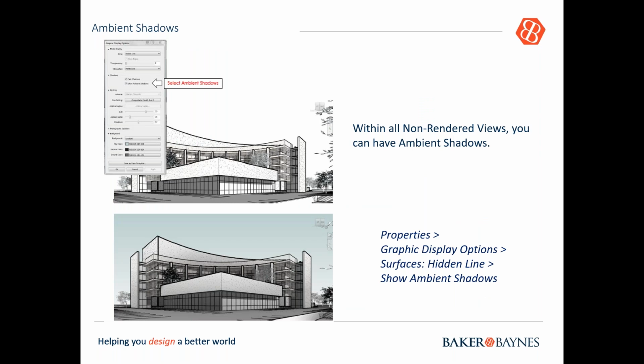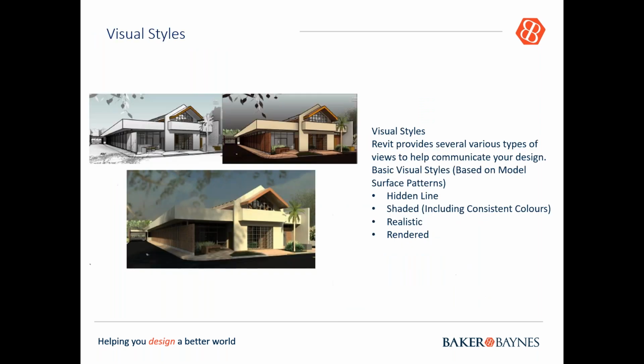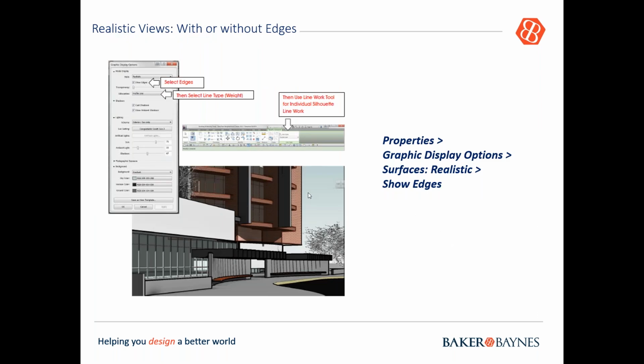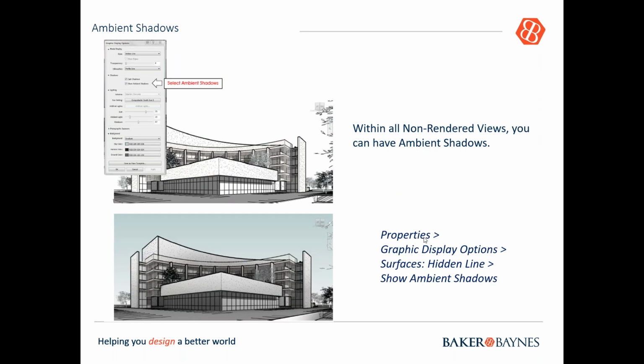So we looked at visual styles: hidden, shaded, realistic, rendered. We've also looked at changing your fill patterns just so that something stands out a bit more, and you can actually just change the color fill pattern, right? We've also looked at with or without edges so that you can get that thicker line standing out a bit, right?